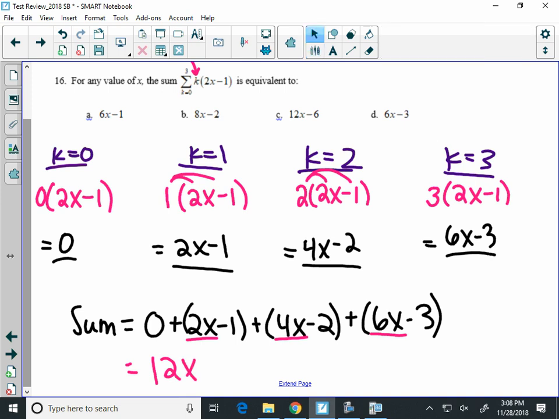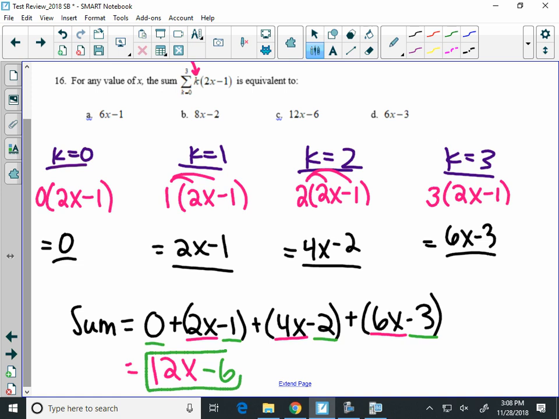Now when I look at my constants, I have 0, negative 1, minus 2 is negative 3, minus 3 is negative 6. So the value of this sum is 12x minus 6, which is C. So that's tricky, but if you show each term in the expansion and simplify, it makes a little bit more sense.